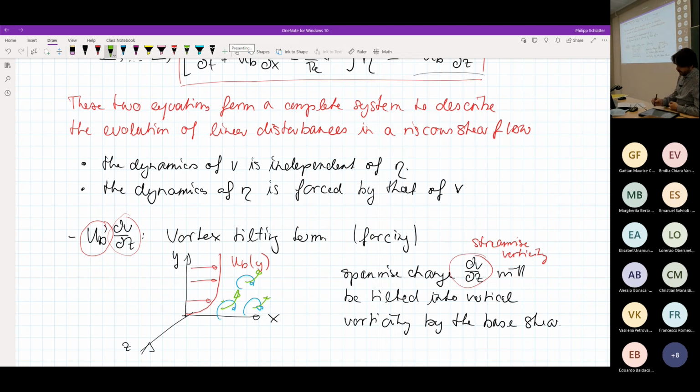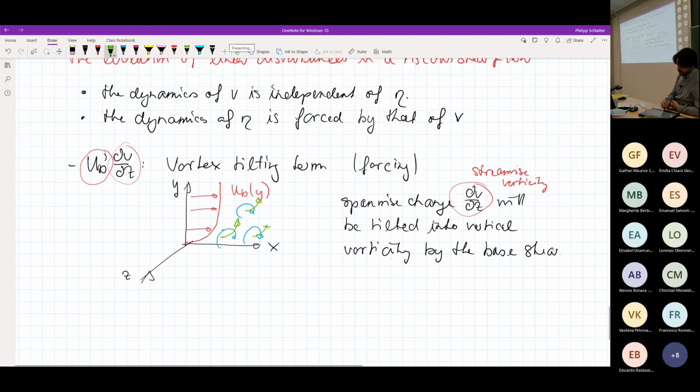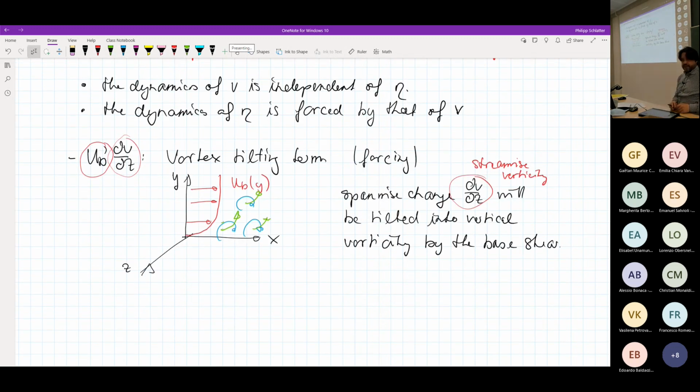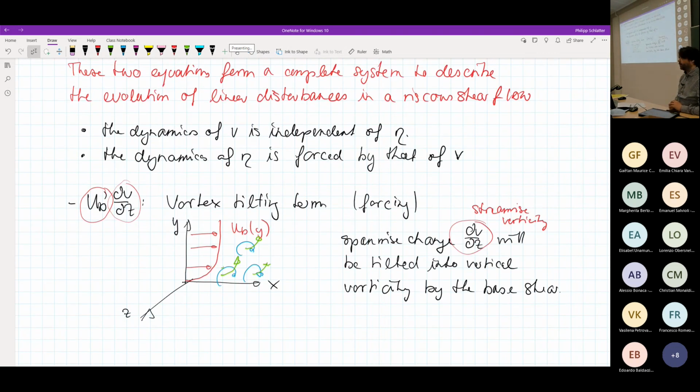So this is how you can interpret the vortex tilting that goes on in this inhomogeneous term in the eta equation. So it's nothing else than a vortex tilting term in the linearized setting, which takes span-wise variations of v and creating a source in the eta equation.